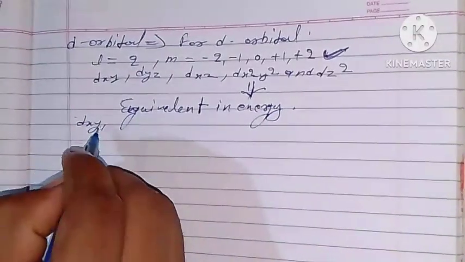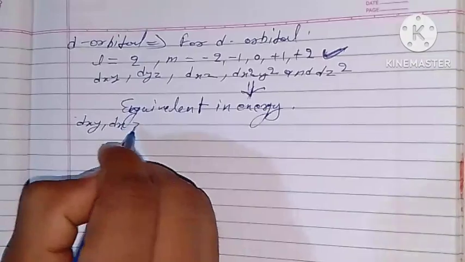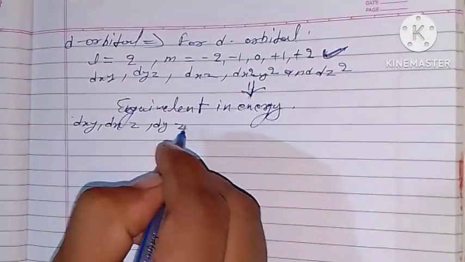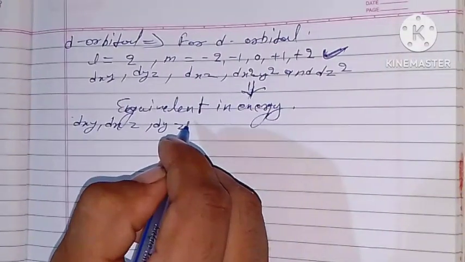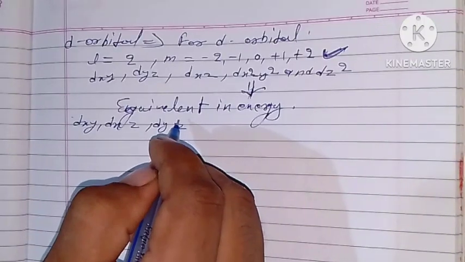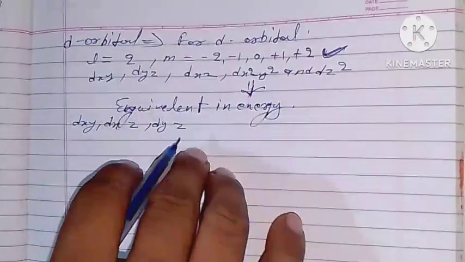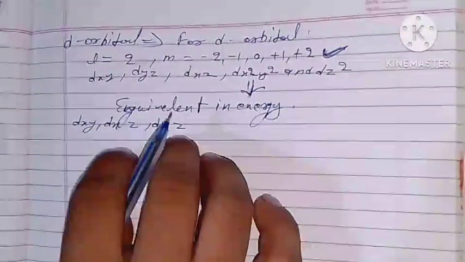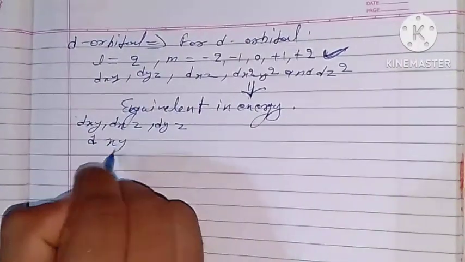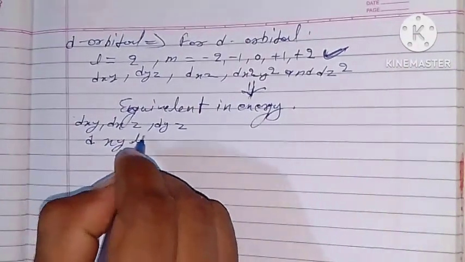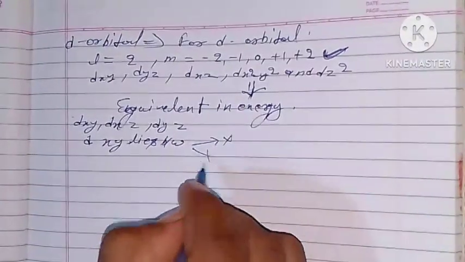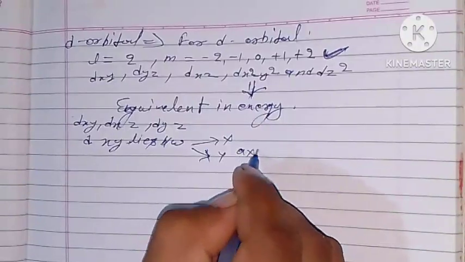In dxy, dxz and dyz, lobes are concentrated in between the axes indicated in the subscript to d. For example, the dxy orbital lies between the x and y axis.